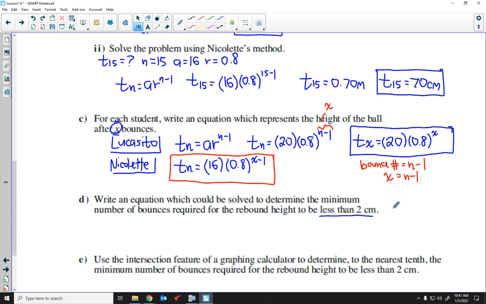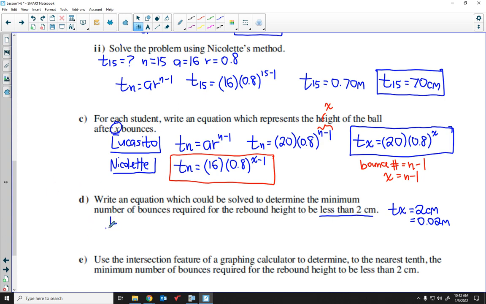So that would be when t of x has a value of 2 centimeters. Depending on who you want to use here, and again, we have to convert this, by the way, because the original equation's in meters. So that'd be 0.02 meters.